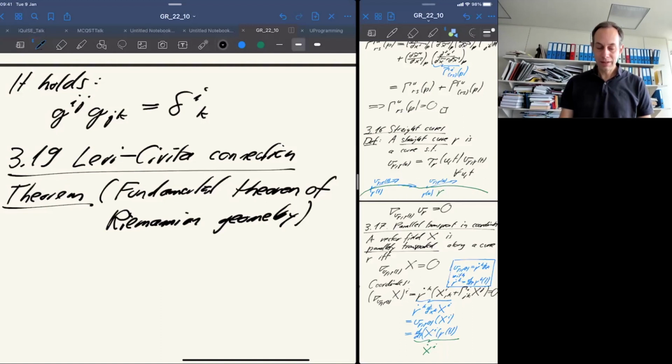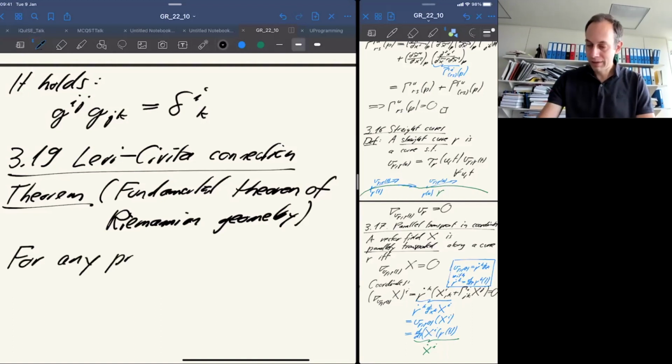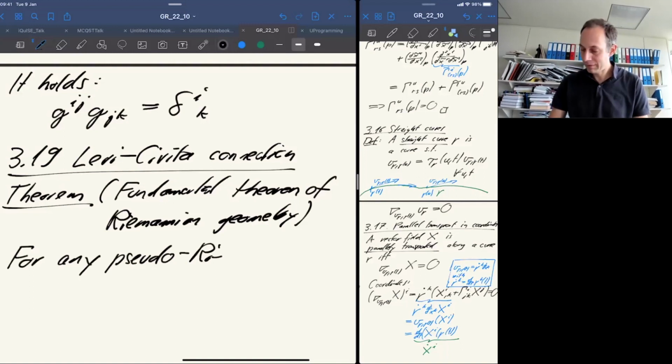For any, so the theorem talks about any pseudo-Riemannian manifold, not only Riemannian ones. I will later maybe come back to what the differences are between pseudo and non-pseudo. But for the moment, this distinction is not important because it holds for any.